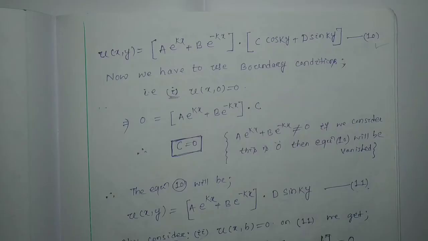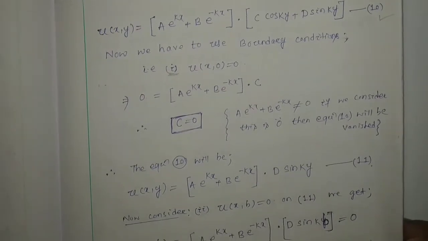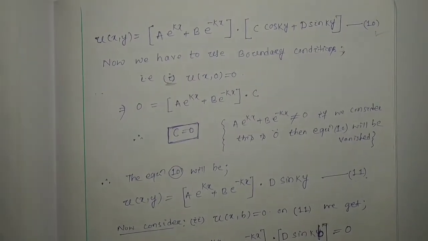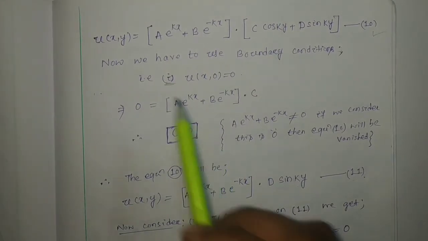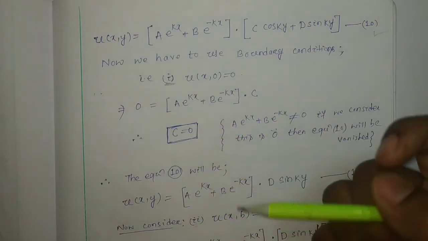Now here you can see we have considered the first boundary condition, and in that we have used y equal to 0. That means we have changed the y value.